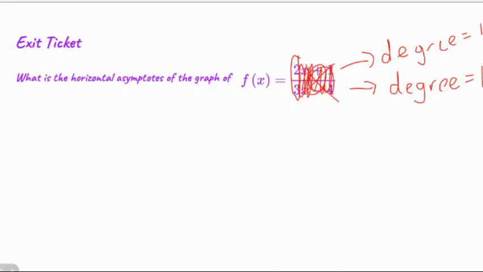Scribble it out, ignore it. That is your horizontal asymptote. y equals 2/3. That's what you do when the degrees are equal. I haven't looked too far ahead in this unit, we'll probably look at when the degree is greater in the numerator in the future, but for now, degree is less than in the numerator or they're equal are your two primary scenarios that I want you to focus on.